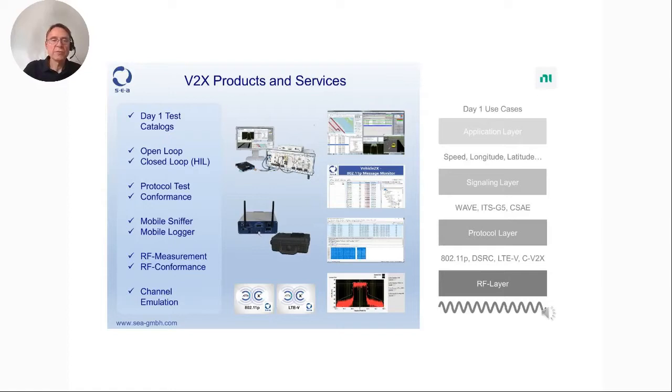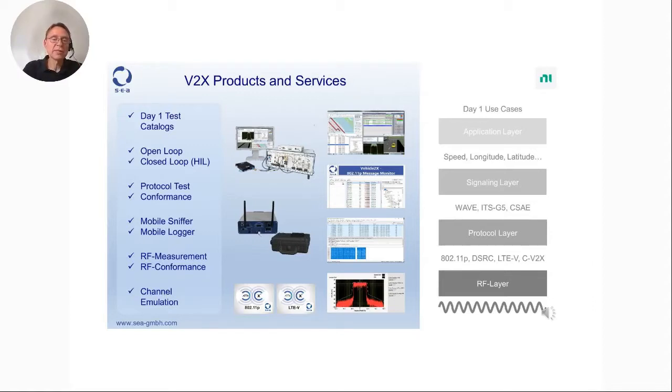We have set up a set of tools and solutions which cover all these areas. Starting with the low-level RF work, such as channel emulation, RF measurements, and conformance. Then moving over to protocol tests, the newest activity here is sniffers and loggers, and I will come to that some slides later.